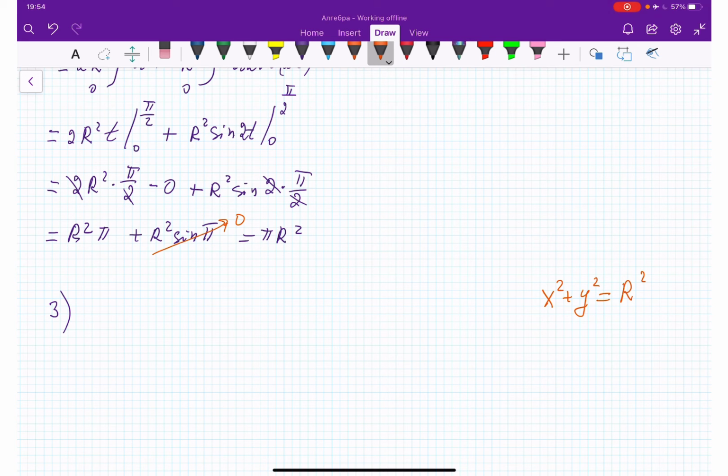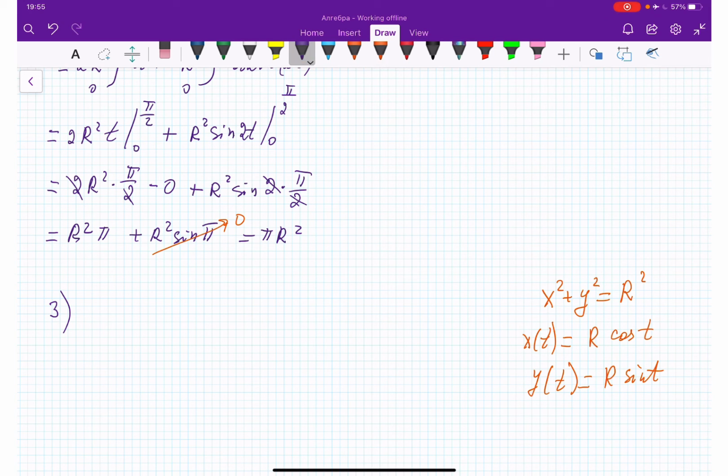The parametric form is x equals r cosine t. Let me write it down as a function x of t, and y of t equals r sine t. This is the parametric form of a circle.